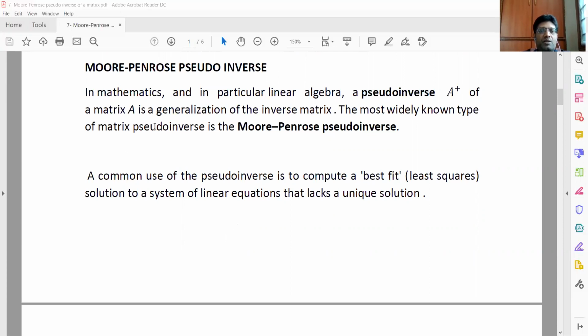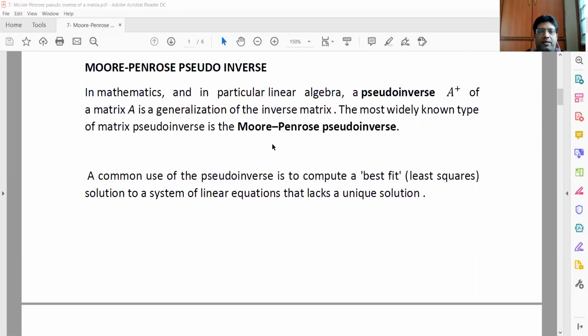In linear algebra, a pseudo inverse is represented with A plus, whereas generally inverse is represented with A power minus 1. The pseudo inverse A plus of a matrix A is a generalization of the inverse matrix.